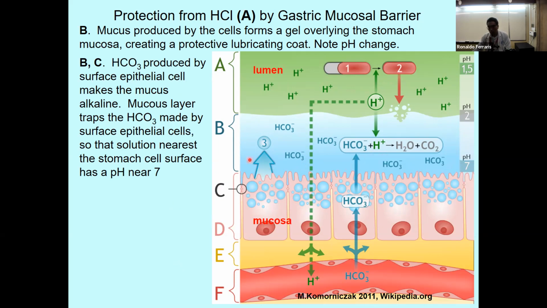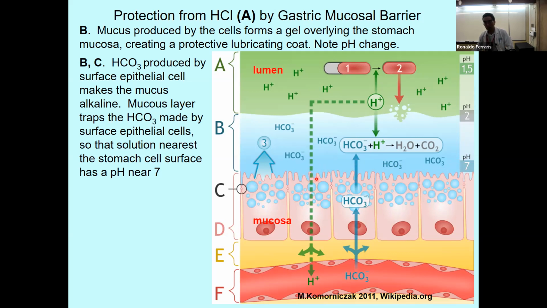So right above here, the pH is 7. And so the gastric cells here are comfortable. They're not fighting an acid of 2. They have a pH of 7 here, so that they can tolerate.